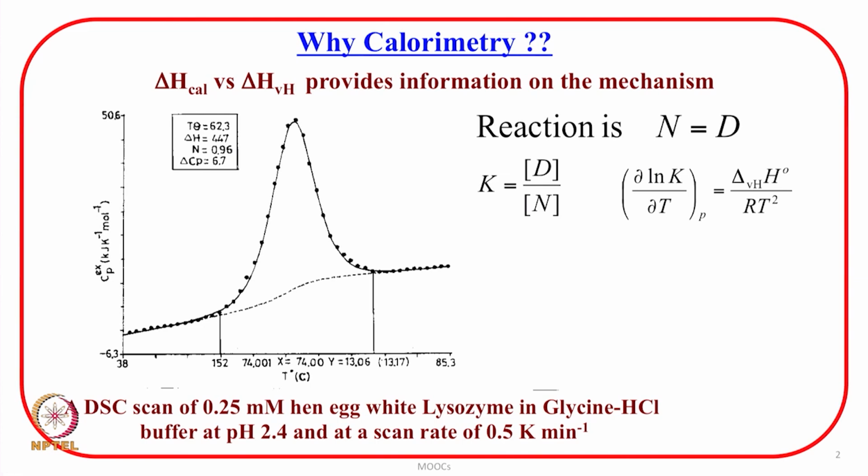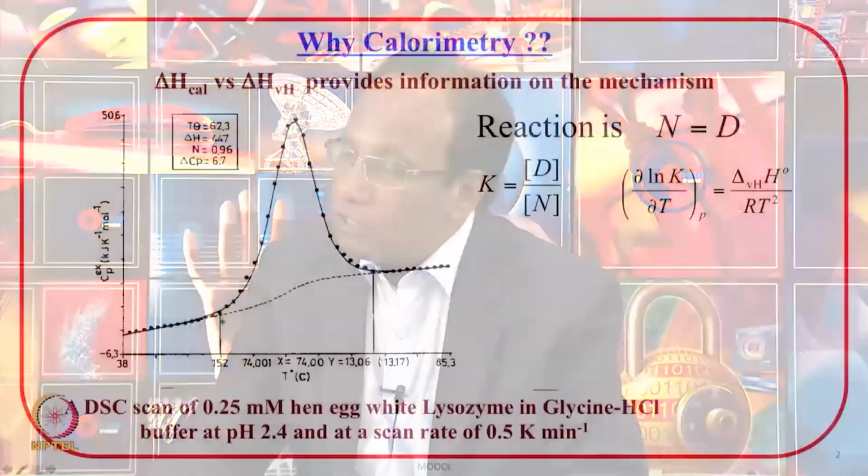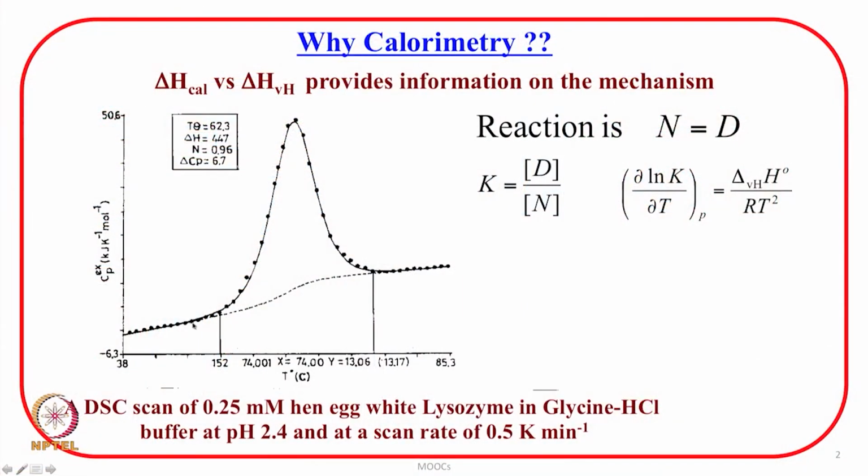Now, whenever you want to use differential scanning calorimetry and would like to establish the reversibility of the unfolding transition, what we want is that you heat, please look at the slide, up to 90% completion.